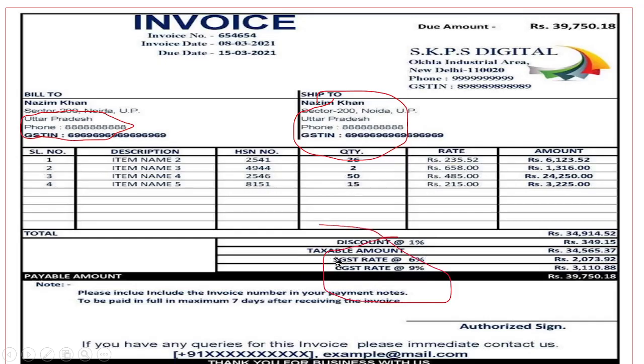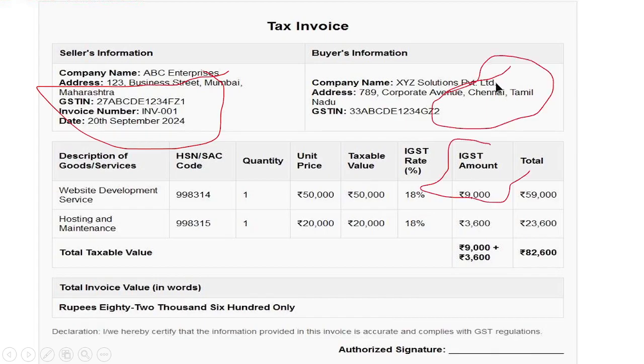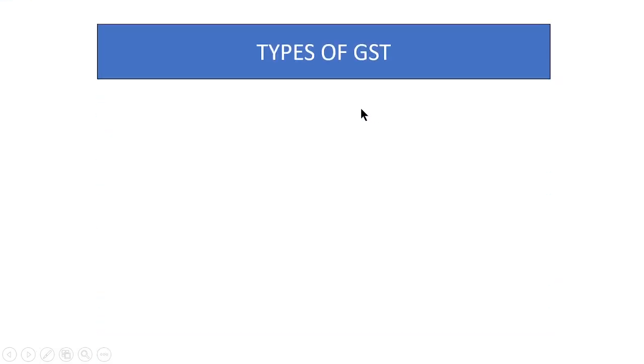SGST means State Goods and Service Tax, and CGST means Central Goods and Service Tax. And in another invoice, the seller is from Maharashtra and the buyer is in Tamil Nadu. Here IGST is applicable, that is Integrated Goods and Service Tax. Now I will explain this concept, this type of GST.